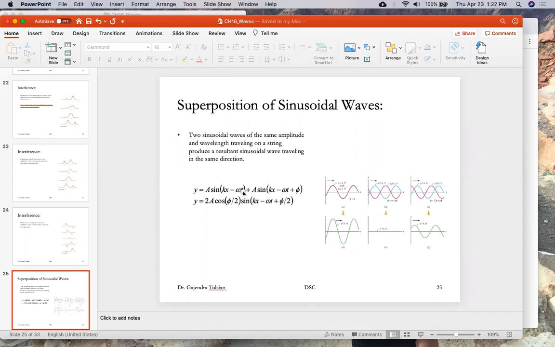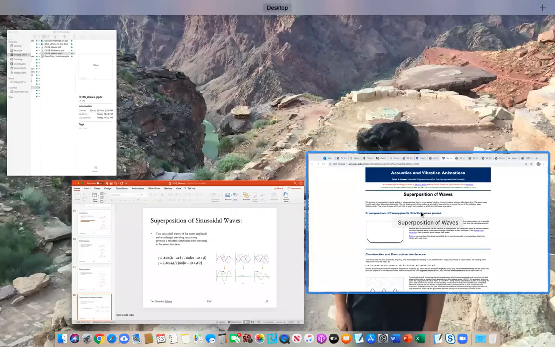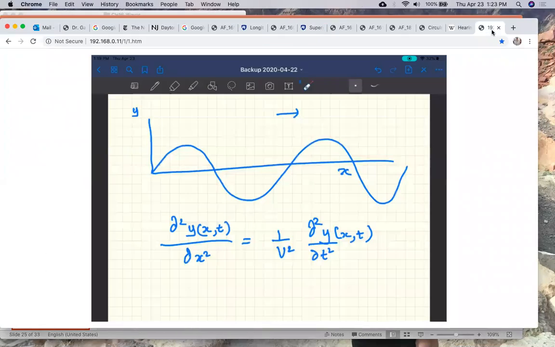Phi is called the phase difference. The phase difference tells you the following.